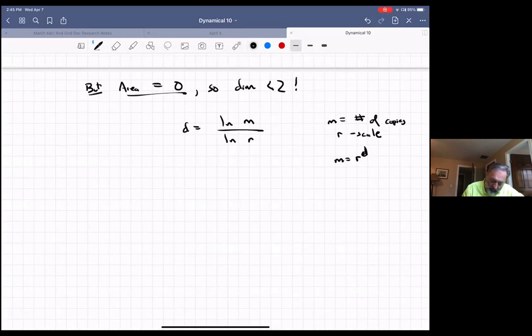So let's suppose that I take a box, and then I take the same box and I divide it into quarters. The scale factor is 2.